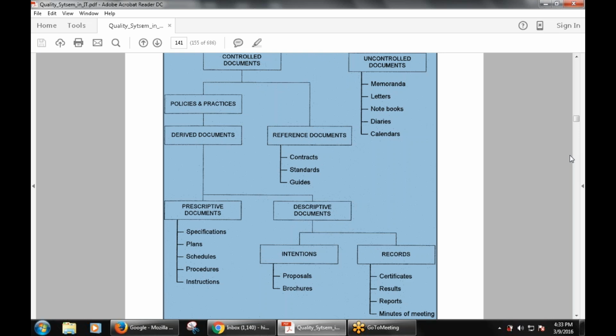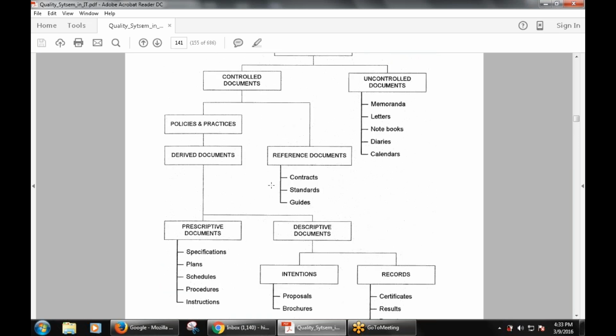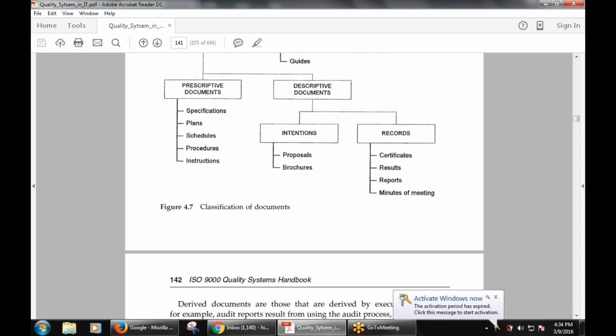There are multiple parts of the controlled document that include the policies, practices, derived statements, reference documents, etc.